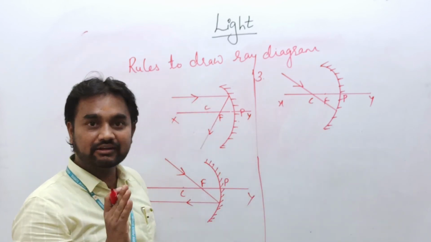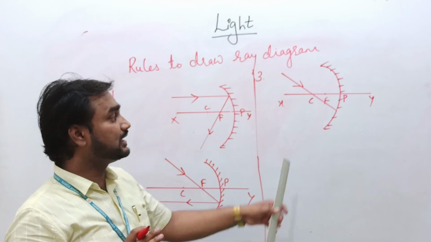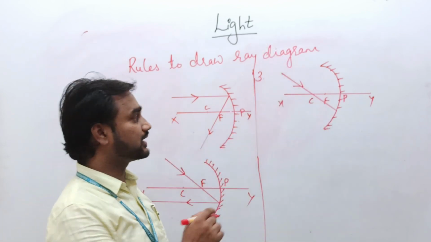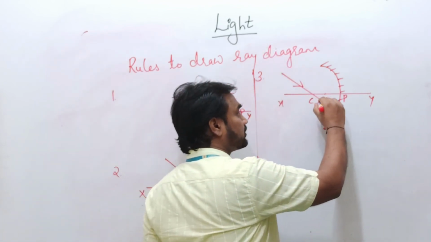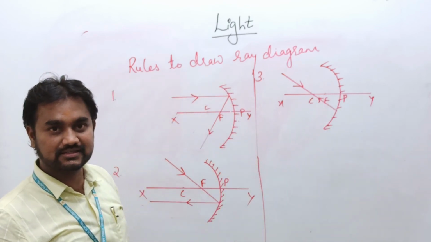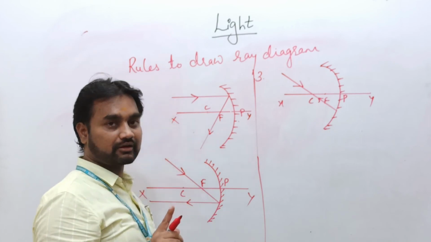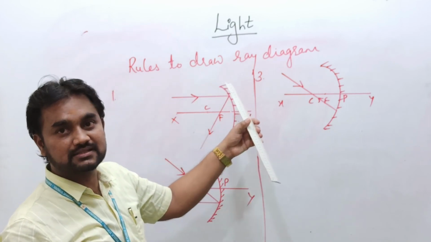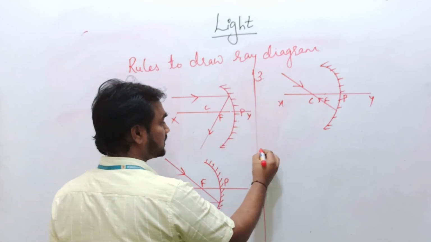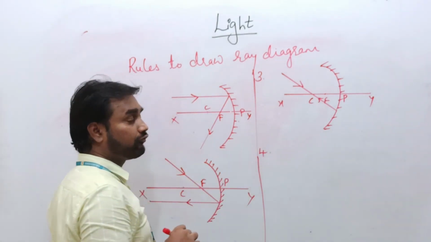Whenever the light ray falls at an angle of 90 degrees, it is going to reflect back along the same path. Is that clear? This is the third one. So when the incident ray passes through the center of curvature, the reflected ray passes along the same path. Then what is the fourth one?